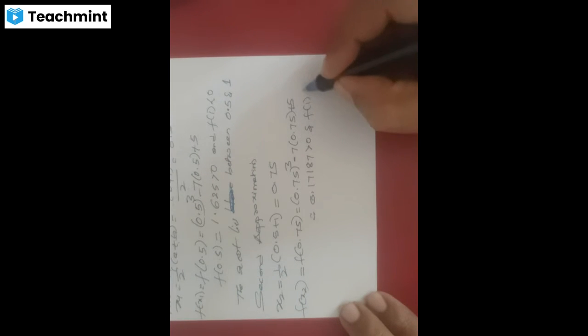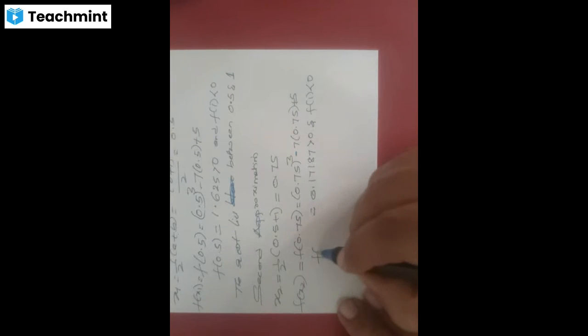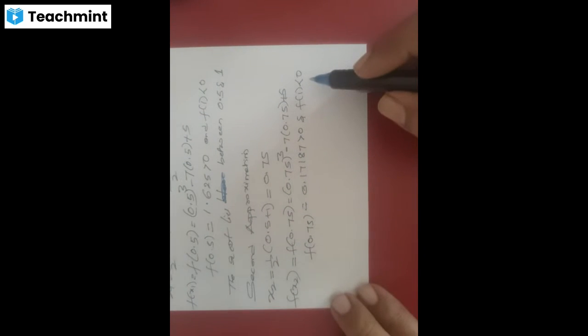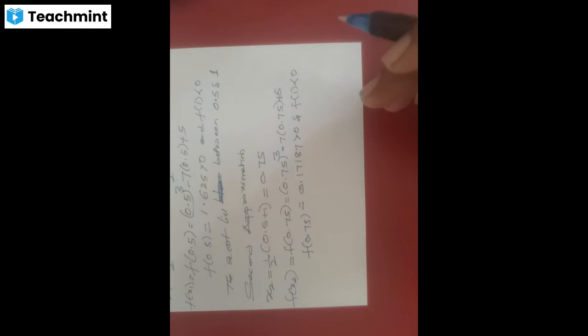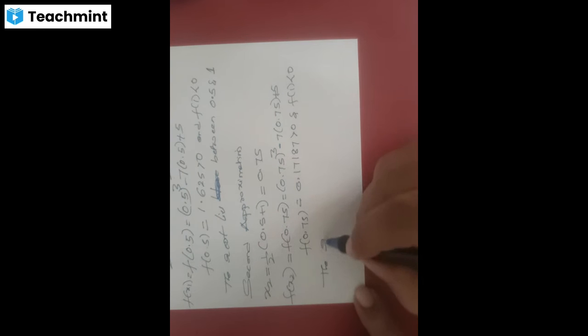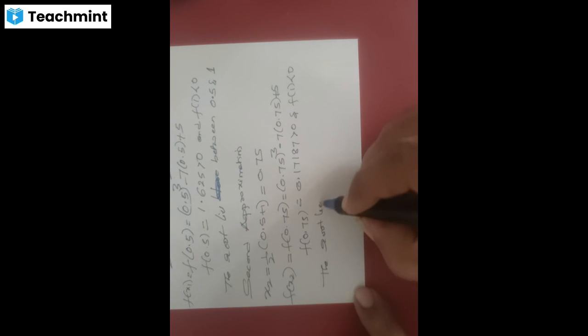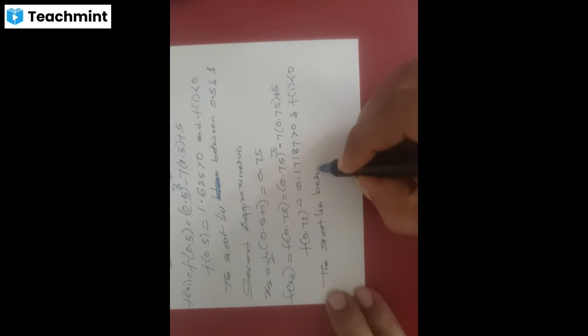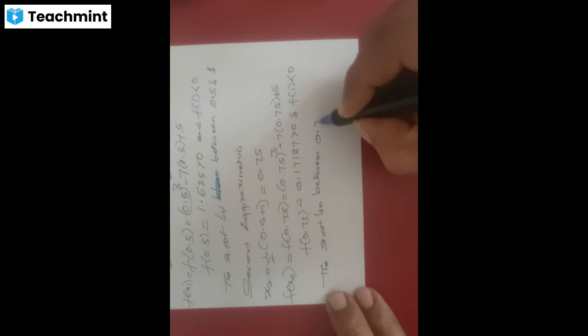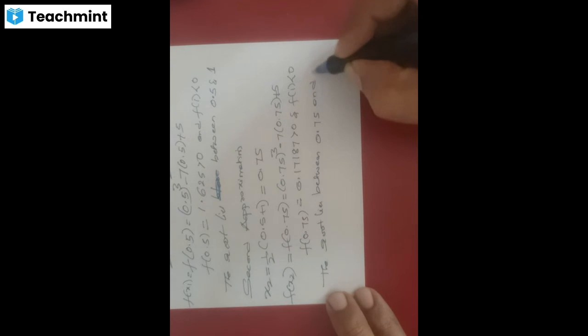So f of 1 is less than 0 and f of 0.75 is more than 0. Therefore, the root lies between 0.75 and 1, and this is a and b.